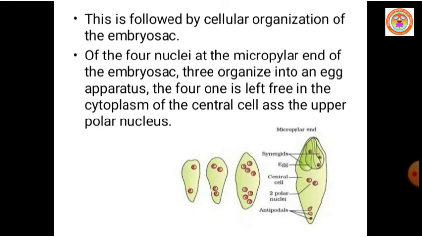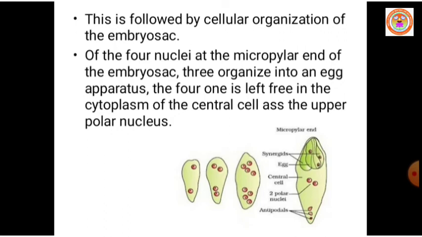Now there are 8 nuclei present, 4 at each pole of the embryo sac. Of the 4 nuclei at the micropylar end, 3 will be organized into the egg apparatus, and the central cell has the upper polar nucleus.